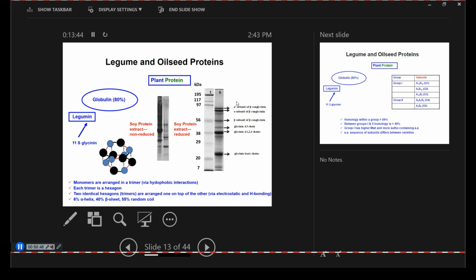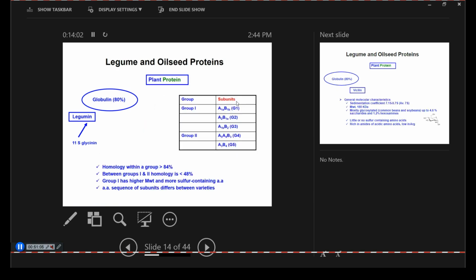So you have variant A3, A1, 2, and 4 chains of the acidic, and then we have the glycinin basic chain or chains around similar molecular weights. Here I don't necessarily want you to memorize the different grouping, but the idea is that these groups have been identified and are present in soy. So there are different variants within the legumin group.